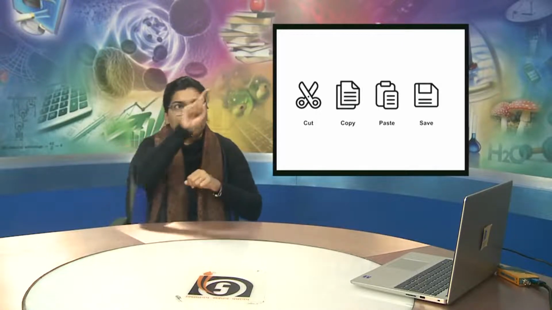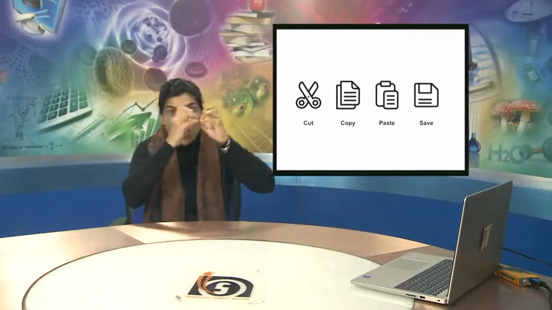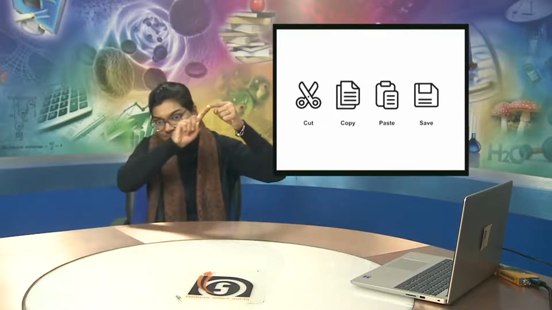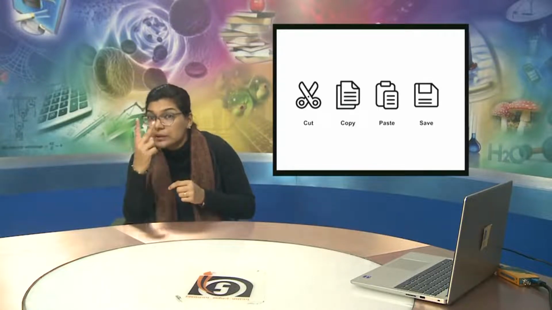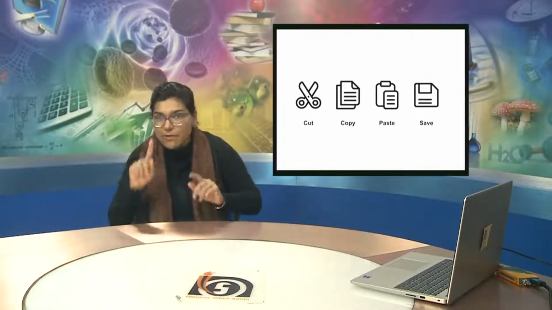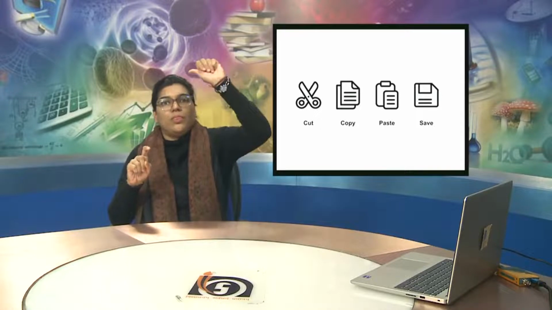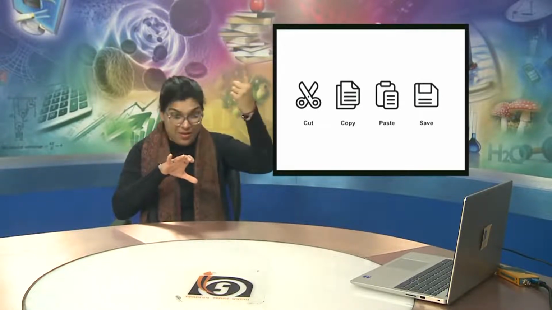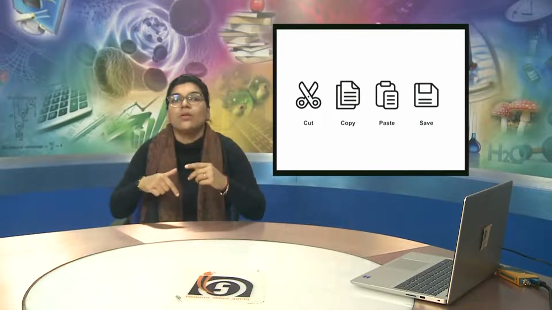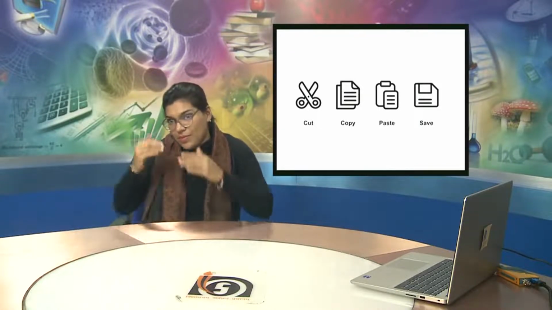Or what is the meaning of copy? Copy means doing the same thing of whatever has been written in the format. For example, choosing the first line to the last line and pasting it in another place. That is copy, and pasting is included in it.